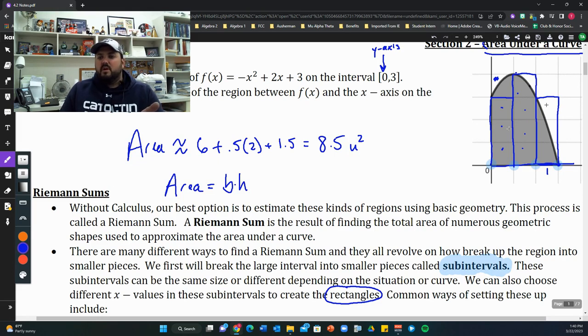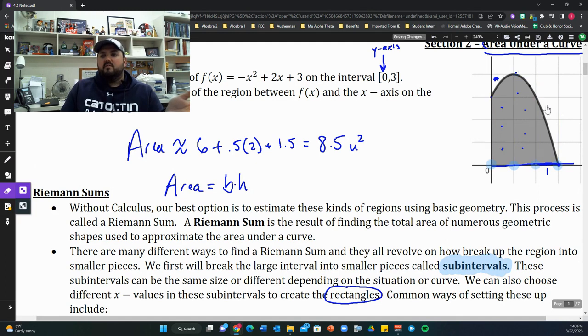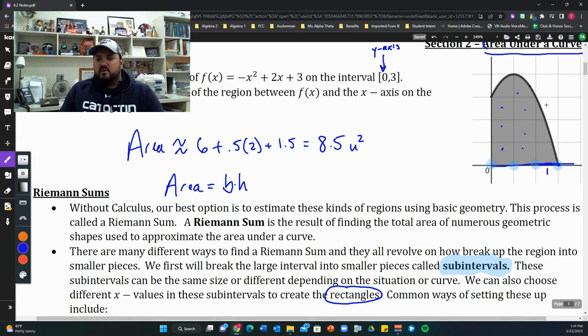So that one would be a severe underestimate. Well, a midpoint is we just go right in the middle of the subinterval. So instead of picking left or right, we would use the exact middle of the interval. So if it's from 0 to 1, then at 0.5, I would go up until I hit the curve, and that's what I use as my height.